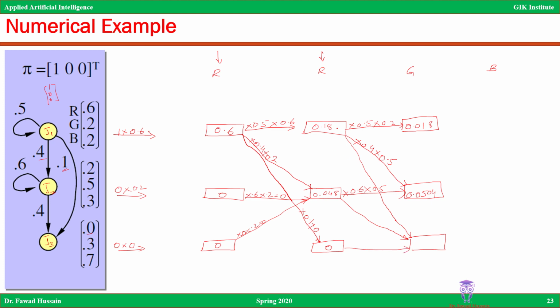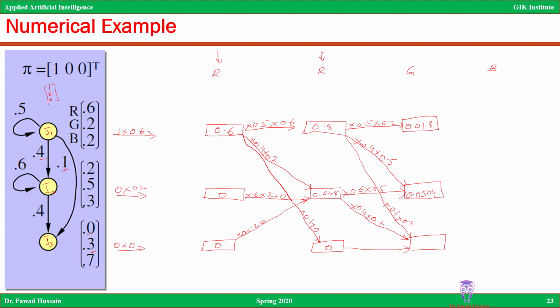So this is 0.18 multiplied by, from 1 to 3, it's 0.1. So multiplied by 0.1 multiplied by the chance of selecting a green, which is 0.3. So multiplied by 0.3, and this would be 0.048 multiplied by, from 2 to 3, is 0.4 and multiplied by 0.3.